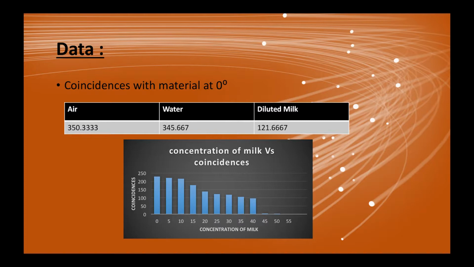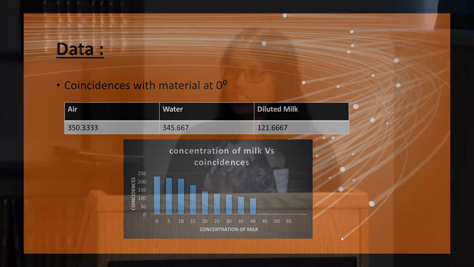So the data. If we see here, the coincidences from air to water to diluted milk are gradually decreasing. That means that the photons that are going through the material are missing. That's why we're not having a coincidence, because if the reference one is going to go to the detector at time t, and the one that is going through the material is just missing in action, there's never going to be a coincidence.